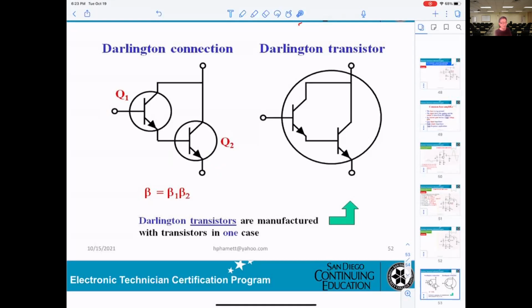So when you're working in the lab with the Darlington, you must be very careful. If for some reason your scope probe touches the circuitry, it can cook it right away, because the current will be very high.